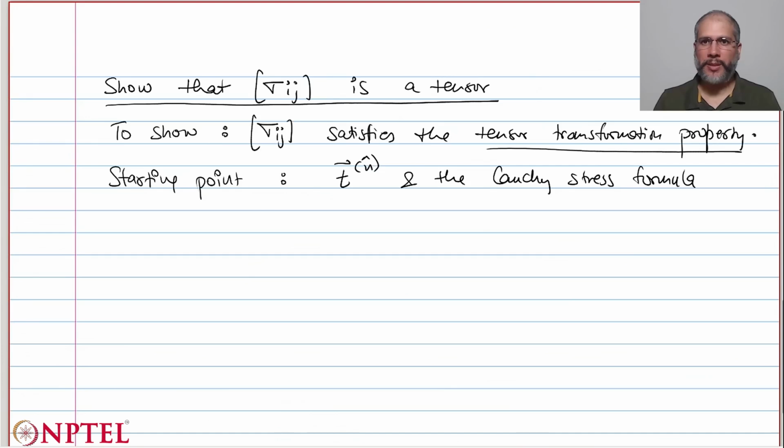So we'll accept these two, that is, we accept an understanding of the traction vector on the n hat plane, which was defined using the Cauchy stress principle and the Cauchy stress formula, which allowed us to write T^(n hat) as sigma_ji n_j.